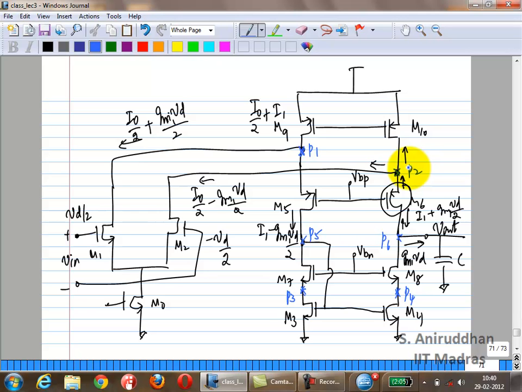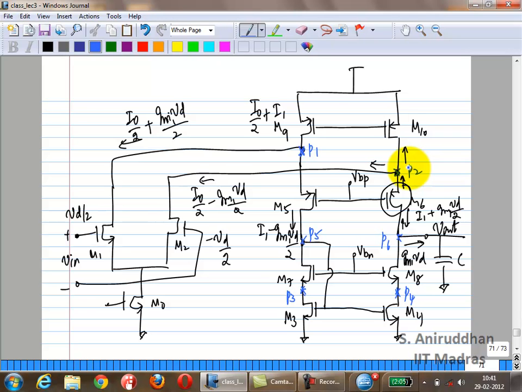Now the other thing is, what do you think will be the relative sizes of M9 and M10 in this case? They should be larger because now they're carrying I naught by 2 plus I1, right?